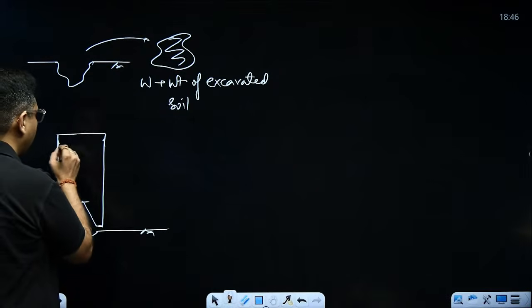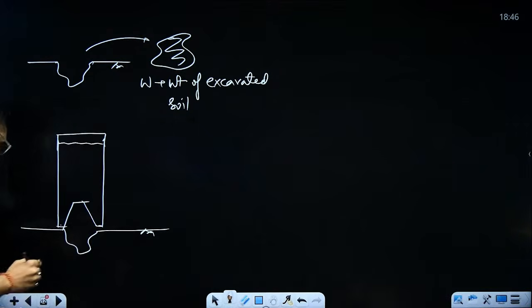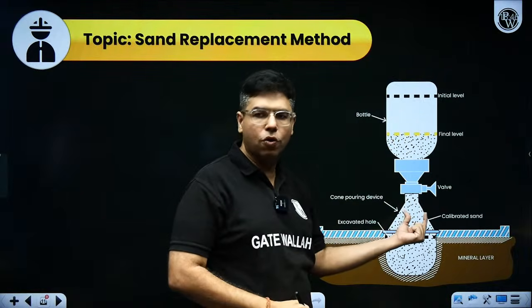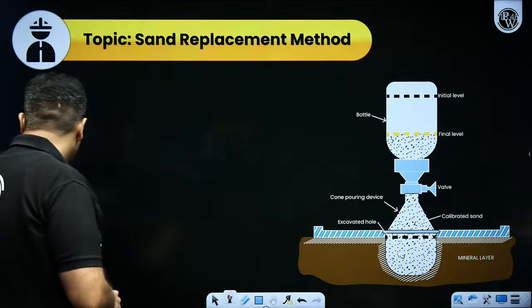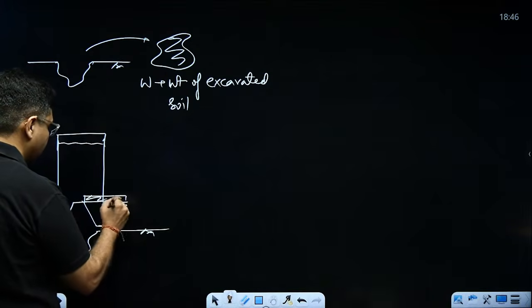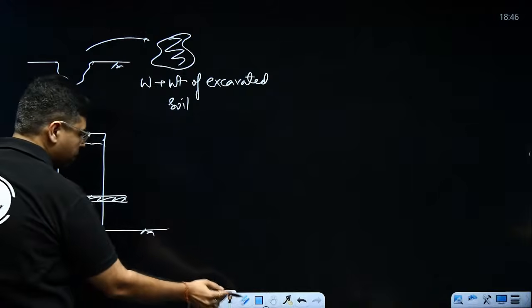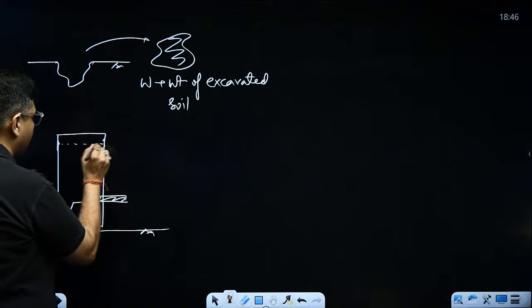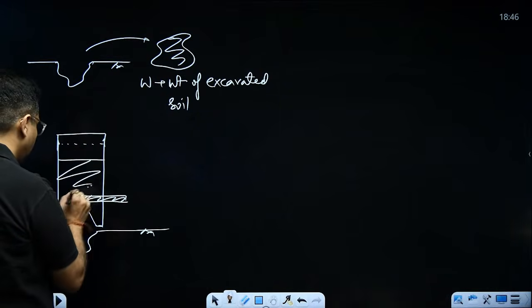It is initially filled till here. This is the initial level, and this is the cone. Just remove the valve and the sand will start pouring, and this will get filled.